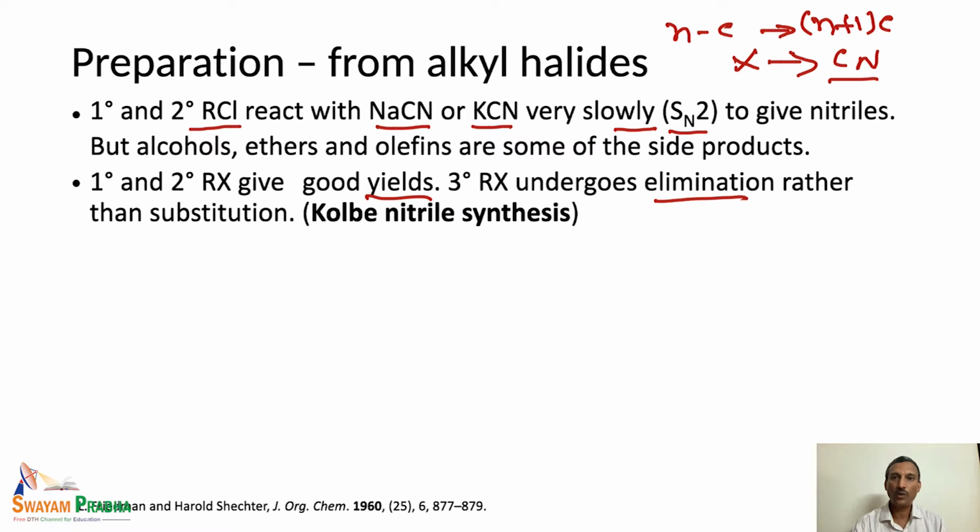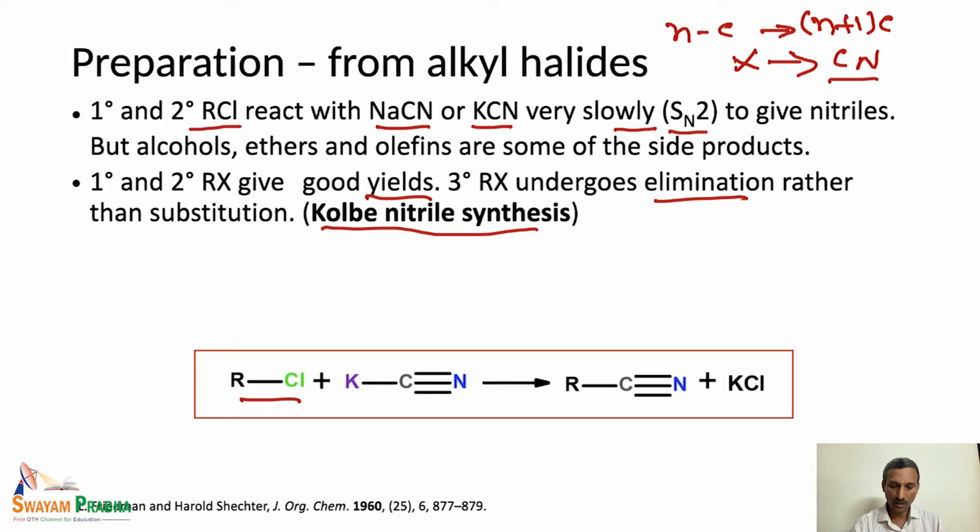So, this is one of the limitations of preparing tertiary alkyl cyanide by halogen cyanide exchange reaction. Otherwise, primary and secondary alkyl halides can easily be converted to the corresponding nitrile using this SN2 type reaction. This reaction is called the Kolbe nitrile synthesis.